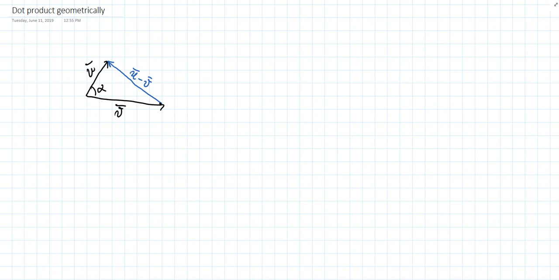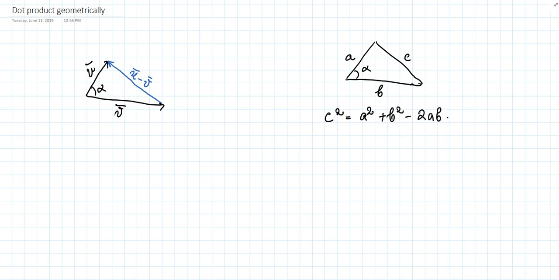So do you remember something which is called the Cosine Theorem, right? So do you remember this? If you have some triangle, right, with the sides A, B, and C, where this angle is alpha, the Cosine Theorem tells me that the square of the side C is equal to the square of A plus the square of B minus 2AB multiplied by the cosine of alpha, right?